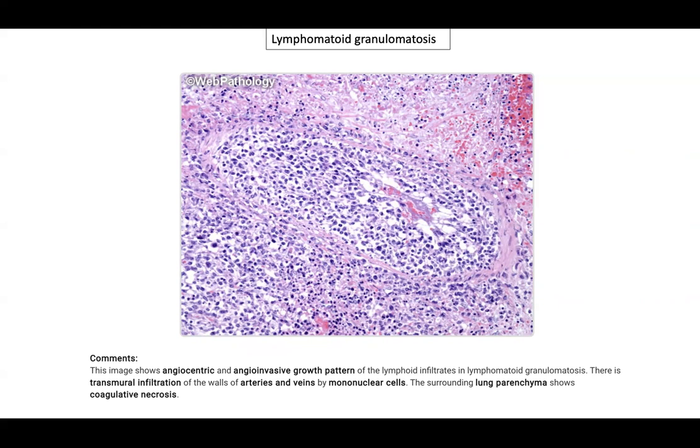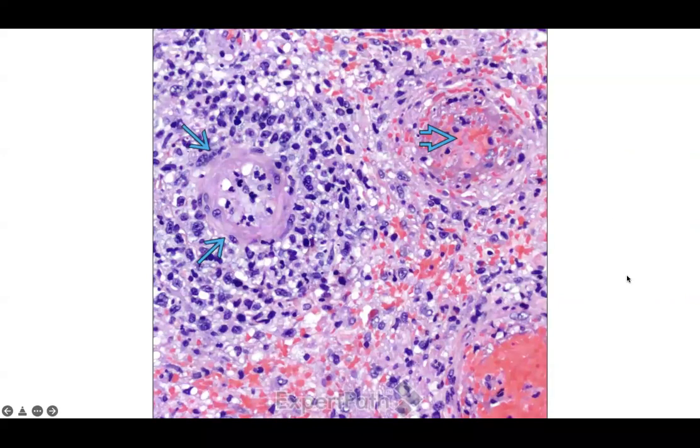This is actually from lung, but it shows the lung parenchyma, which has some areas of necrosis. Here is another example of this very transmural migration of the mononuclear cells with areas of necrosis, which almost looks to be angioinvasive, but also forming small intraluminal thrombi from the destruction process of the vasculitic type behavior of these cells.